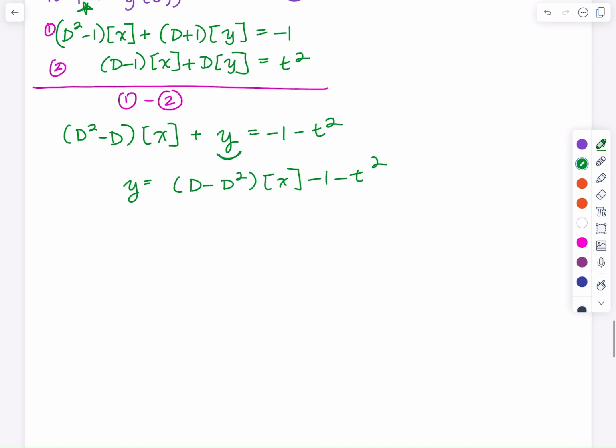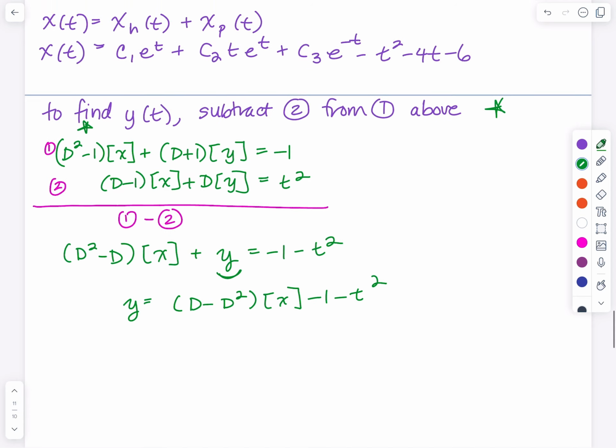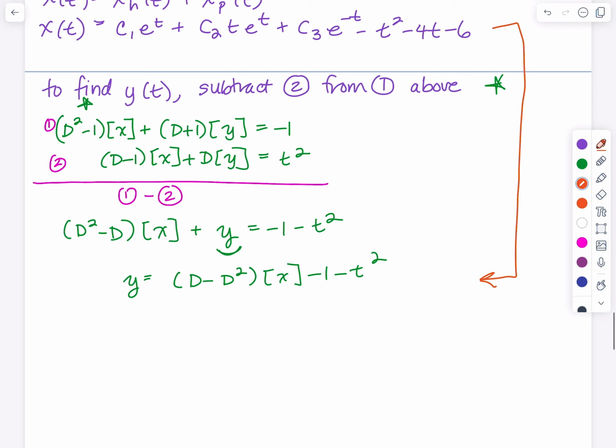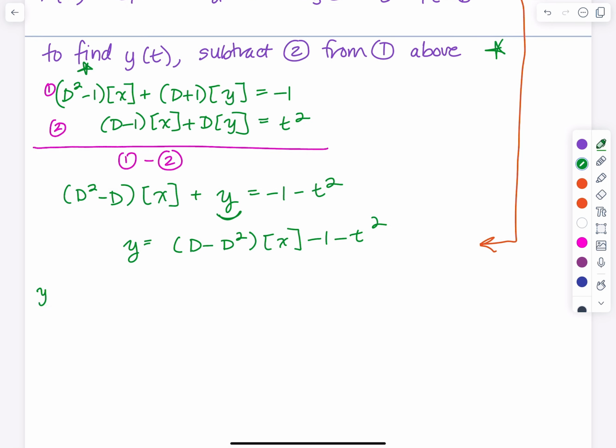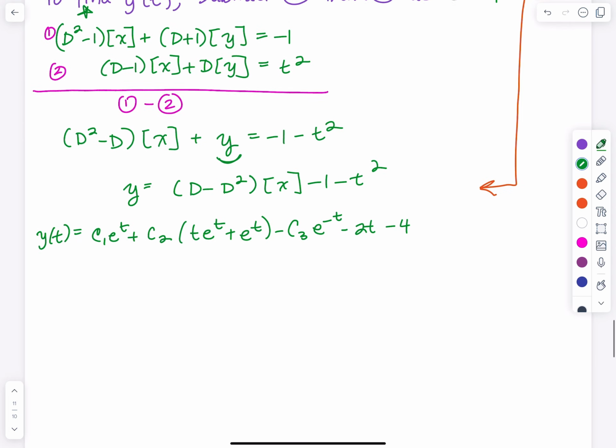So if we use this expression for x of t in this equation, and that would be right here, we will now have that y of t is equal to c1 e to the t plus c2 t e to the t plus e to the t minus c3 e to the negative t minus 2t minus 4. You can see that right there.